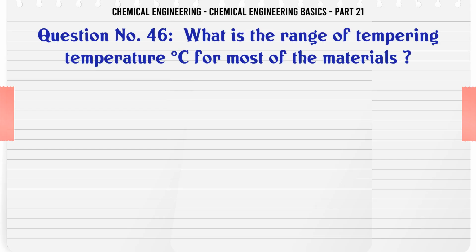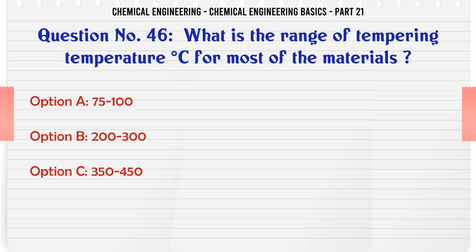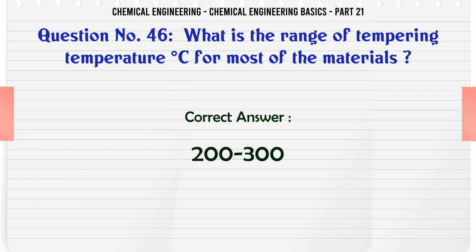What is the range of tempering temperature in °C for most of the materials? A. 75-100, B. 200-300, C. 350-450, D. 500-600. The correct answer is 200-300.